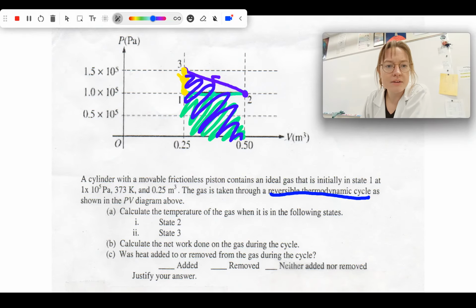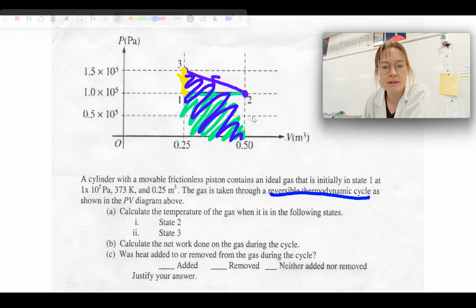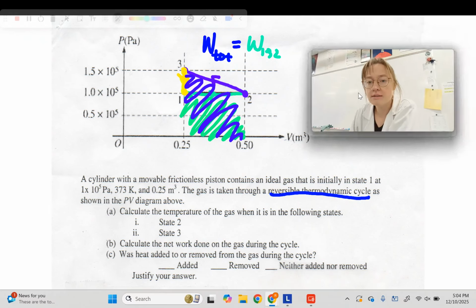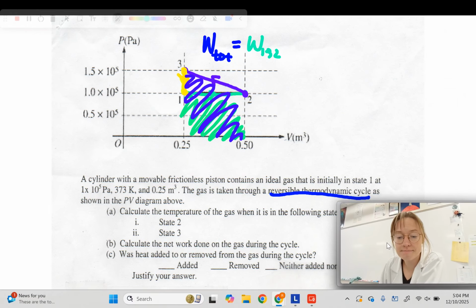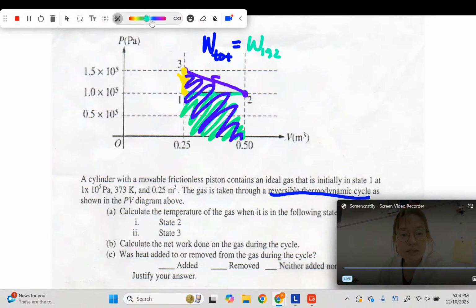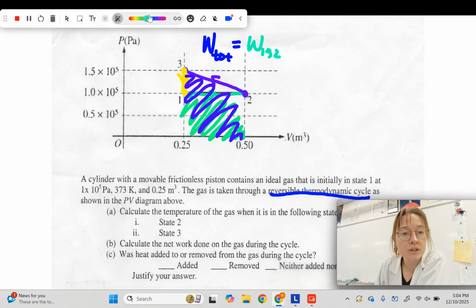Now, if we want to calculate the total work done, let's find a neutral color here. Okay, I've been using blue for work, so we can use blue. We would say that the total work is equal to the work done in this first part from 1 to 2, plus, move my face out of the way, classic, plus the work done from 2 to 3.